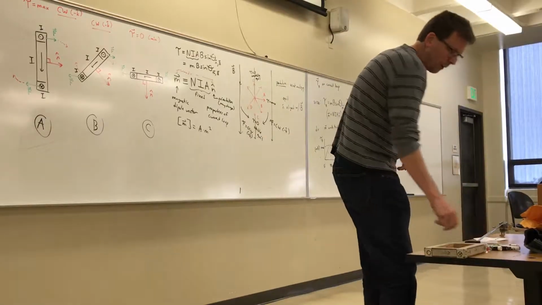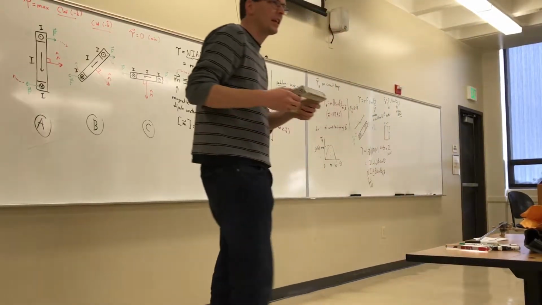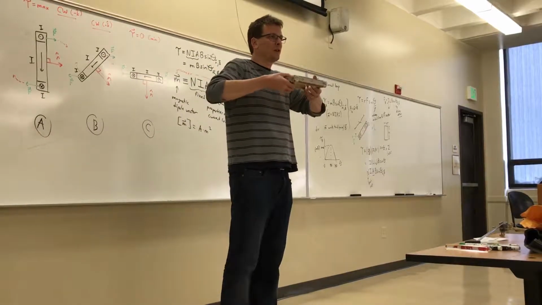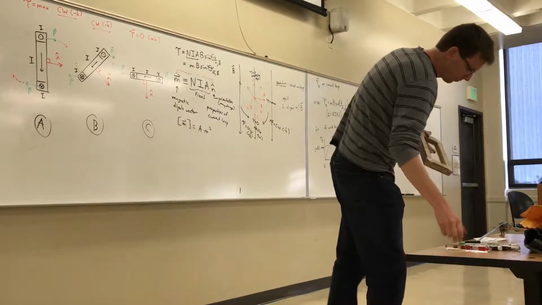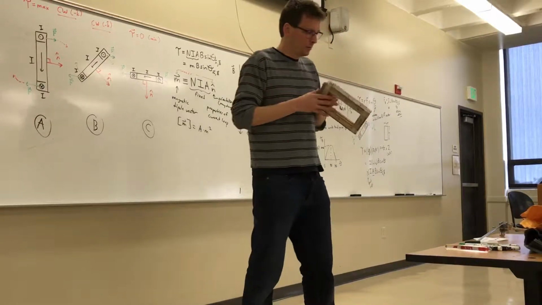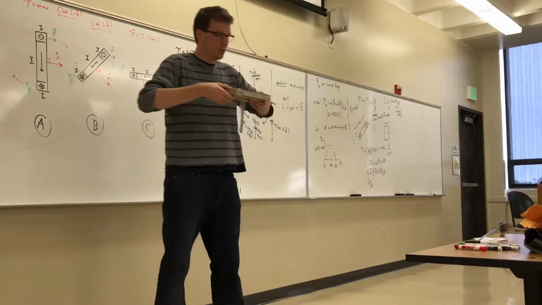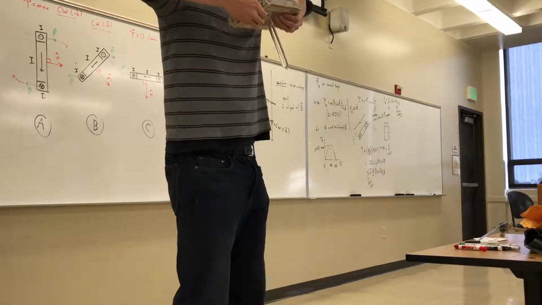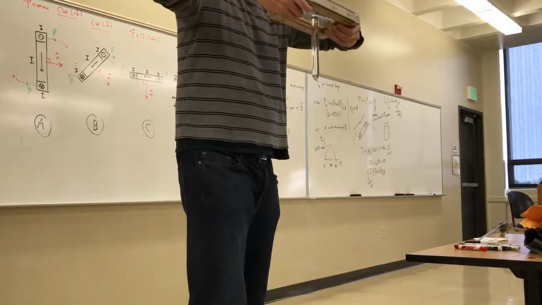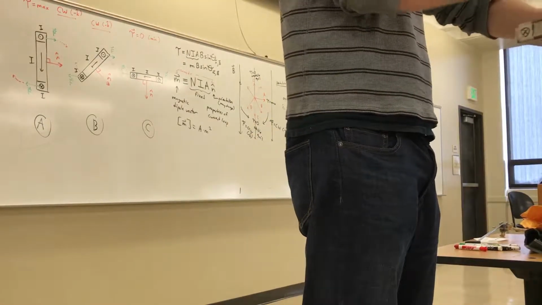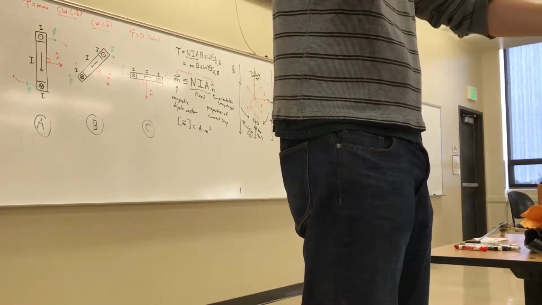If you don't believe me that this could happen with a current loop, remember what we found: when it's in this orientation, with the normal vector back here, the forces are outward. Try to give it a little bit of a twist, this way or this way, like a pendulum.